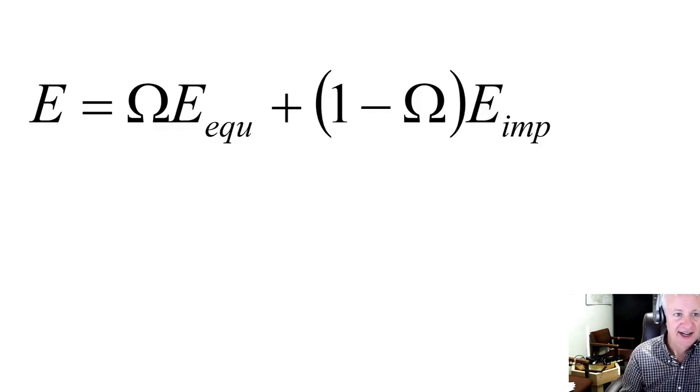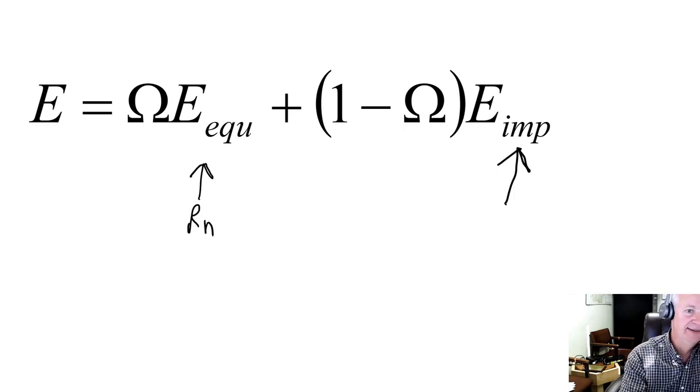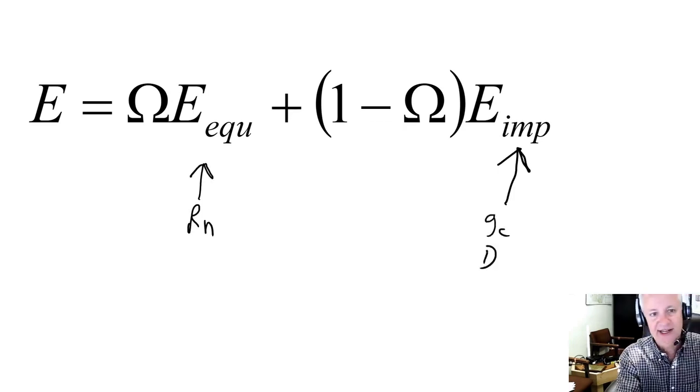And what omega does is couple those two situations together. So you can think about your value of omega and whether that imposed situation, which is basically control of transpiration by vapor pressure deficit and canopy conductance, is important, or whether that equilibrium situation where it's controlled by net radiation.